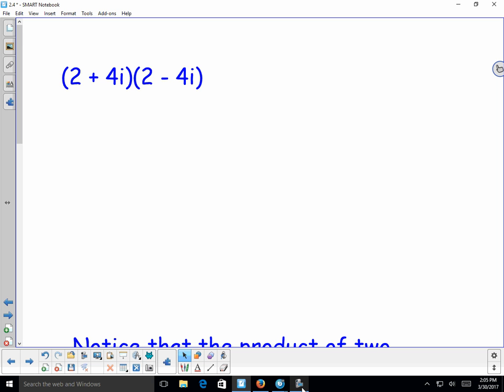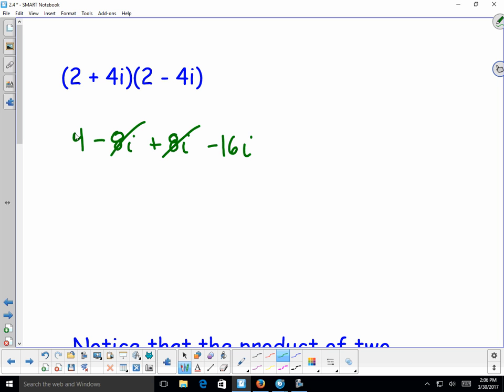Are you noticing anything interesting about this one? You're going to get a whole number as your final answer. What, no imaginary part? What happened to the imaginary part? They cancel out, they subtract off. All right, so if we try FOIL on this, we get 4 minus 8i plus 8i minus 16i squared. The imaginary part subtracted off.